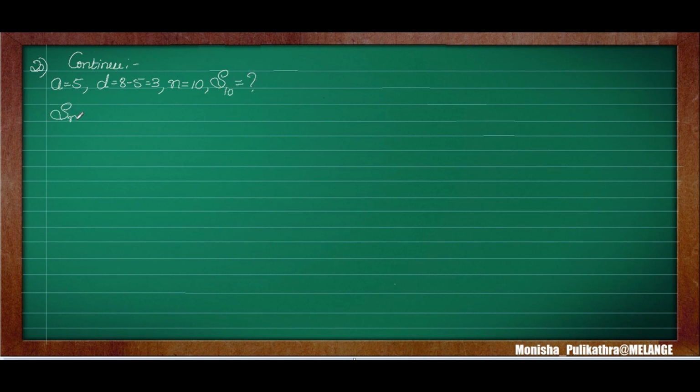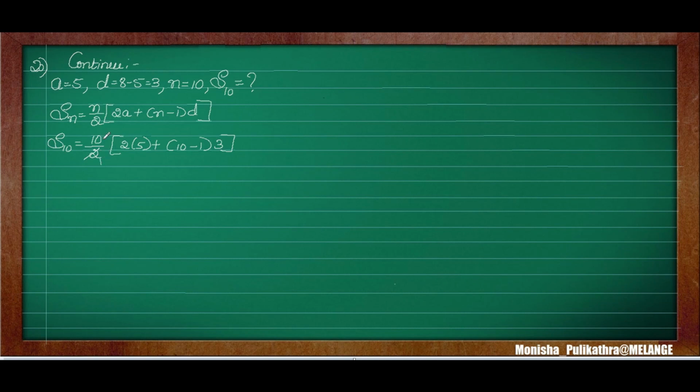So we need to apply the Sn formula here. Sn is equal to n by 2 into 2a plus (n minus 1) into d. So S10 is equal to 10 by 2 into (2 into 5 plus (10 minus 1) into d, which is 3).